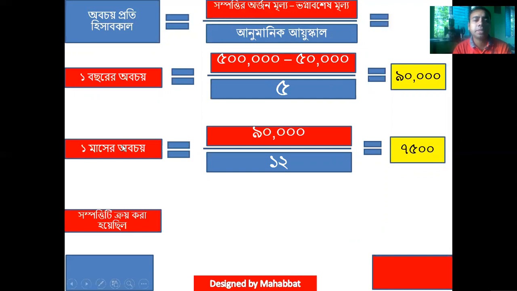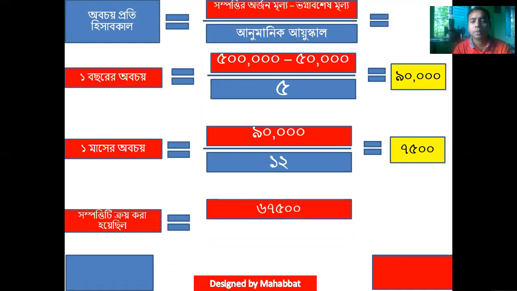So in this particular case, the asset was purchased by the company. We have to consider the total depreciation, 67,500, and divide it by 7,500.